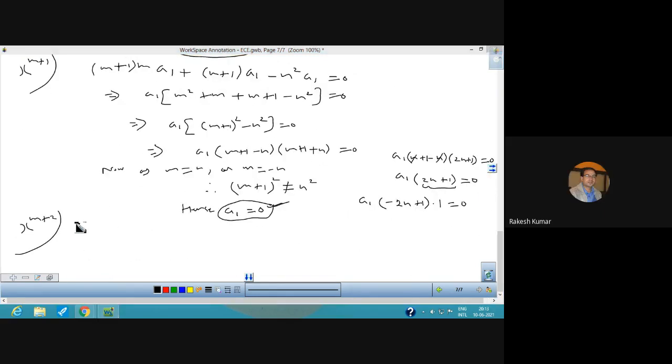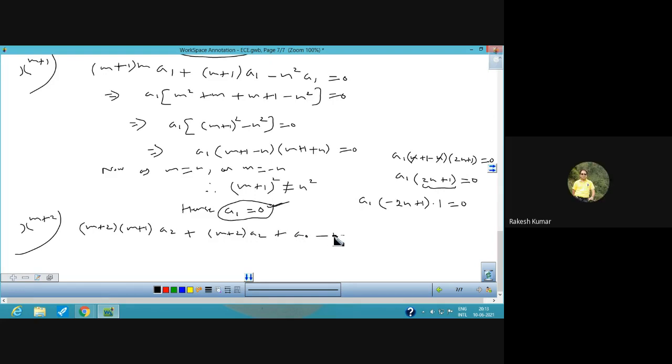So for equating this coefficient, you will have m plus 2 into m plus 1 into a2 plus m plus 2 into a2 plus a naught, which came from the third summation, a naught minus n square a2 is equal to 0.